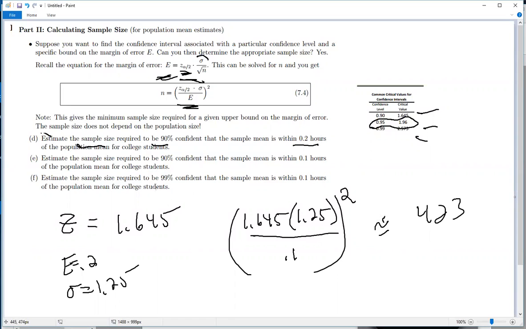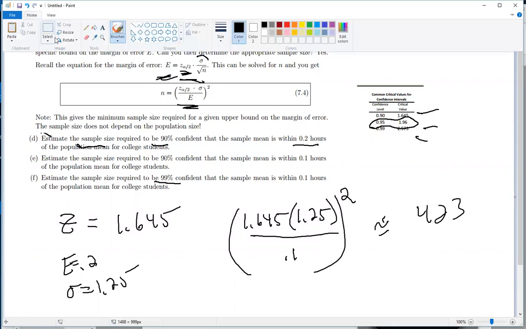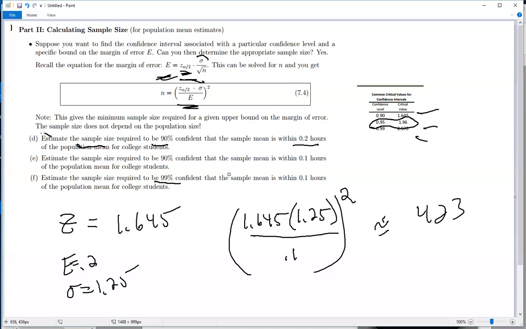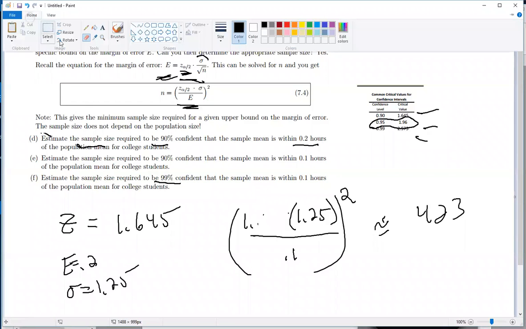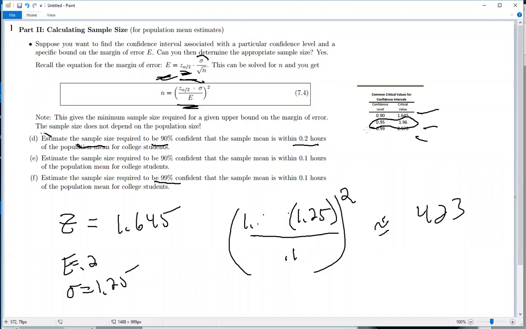The other thing that happens is now we're going to change our level of confidence. So now instead of only 1.645, we have to go out. So go look at that little shortcut table that Dr. Stevens gave us. For a 99% confidence, we need to, let me get a pen back, we need to go 2.575 standard deviations.